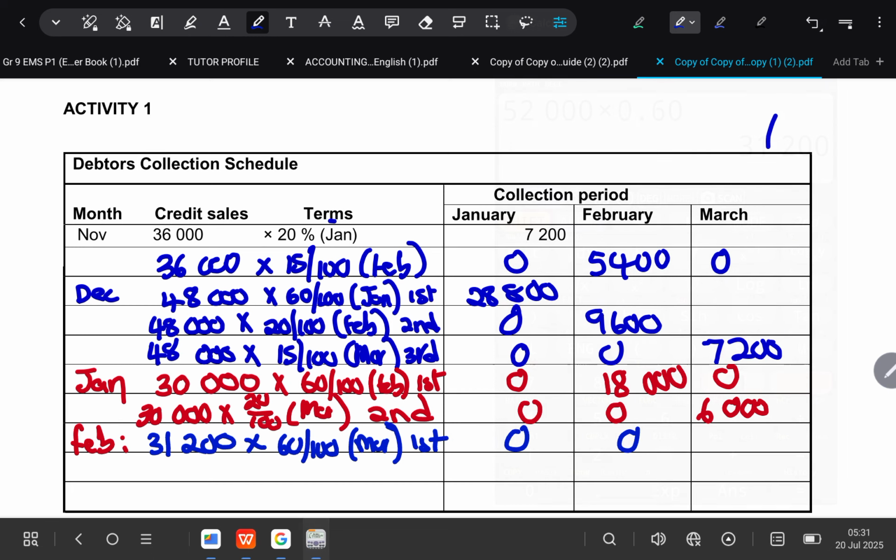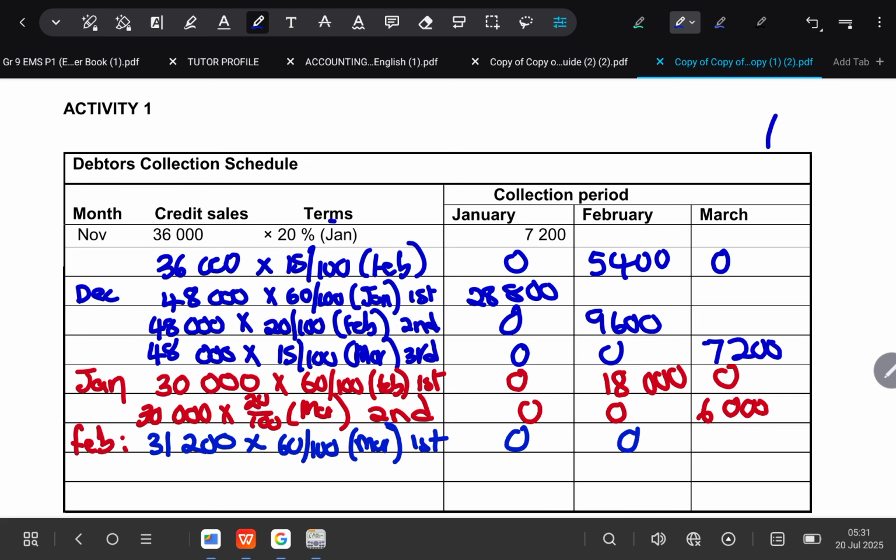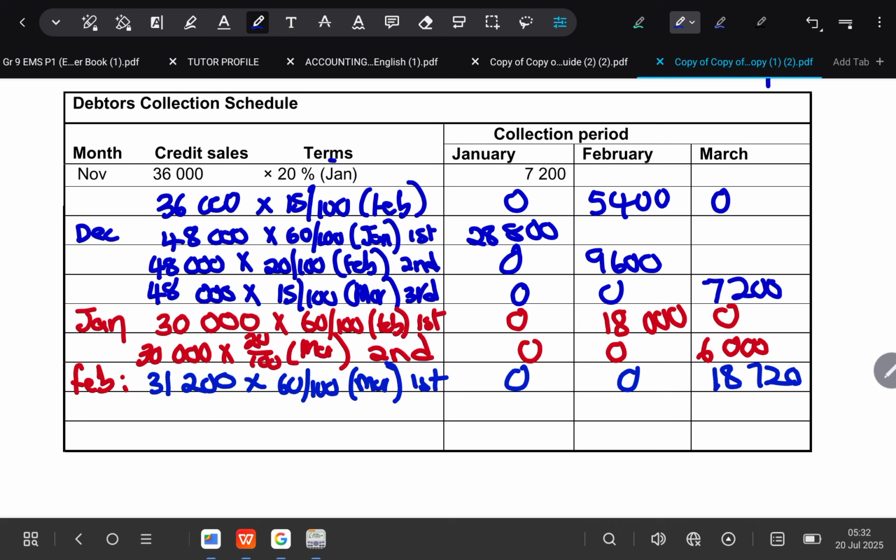Okay, so let's check. 31,200 multiplied by 60 divided by 100 gives us 18,720.